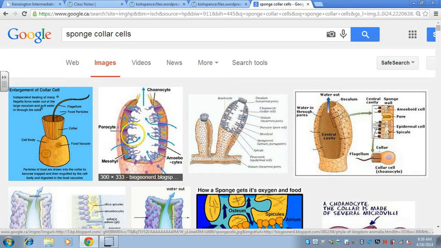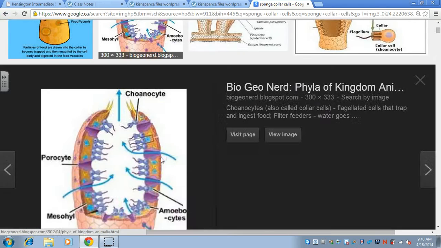These are collar cells, and they have little flagella that help to cause a current so that they draw water in through their side pores, and then it goes out through the top. And so they filter feed. The water comes in, they can take food into their collar cells, and then they have little cells called amoebocytes. Let's see if I can blow it up.